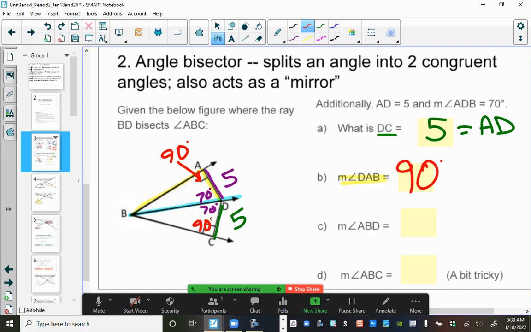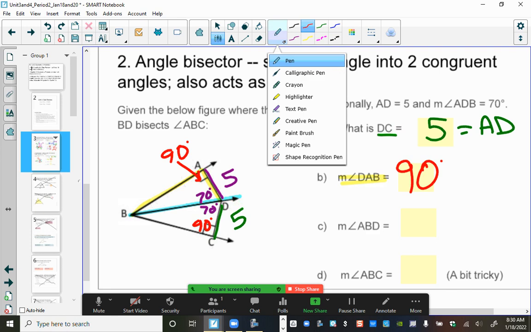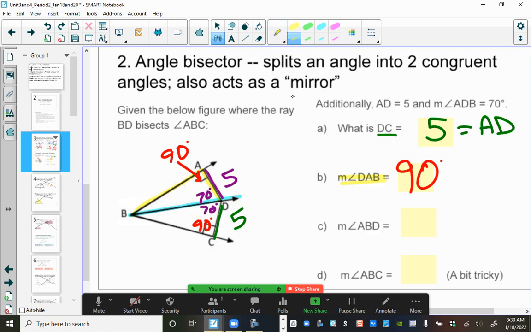Same letters, but are they the same two angles? You're right, they're different angles. Because here's where ABD is located. You start from A, you go to B, and then you go to D.